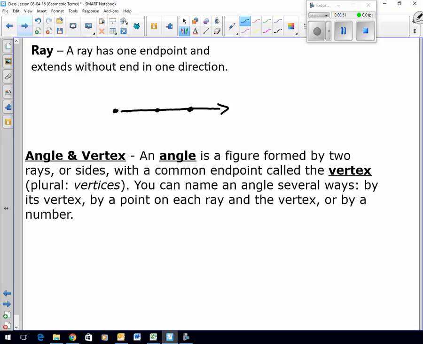If I went A, B, C, I'm telling you to start at A, go through point B, go to and through point C to infinity. Right? That is a ray. A, C. Rays are written with only one arrow on top.